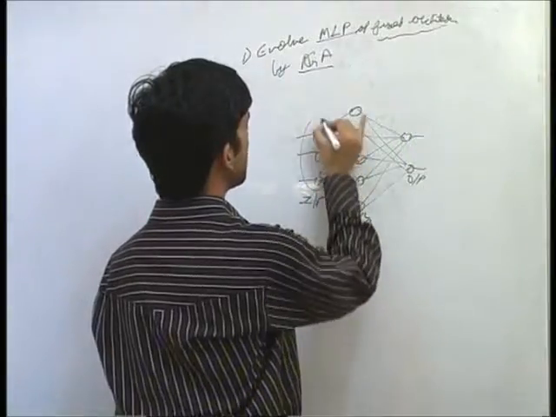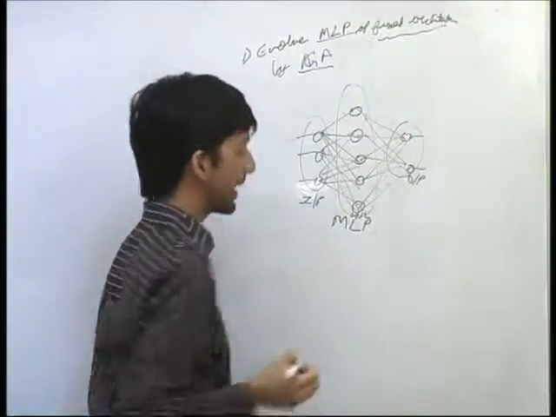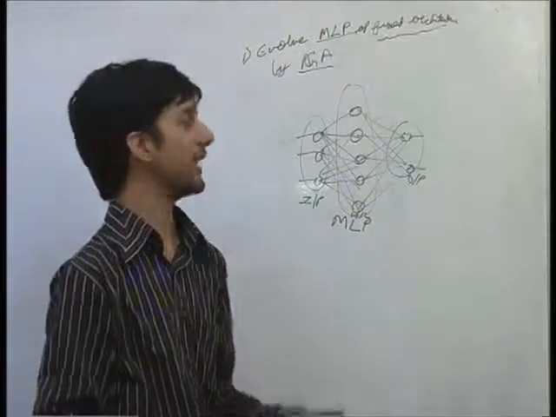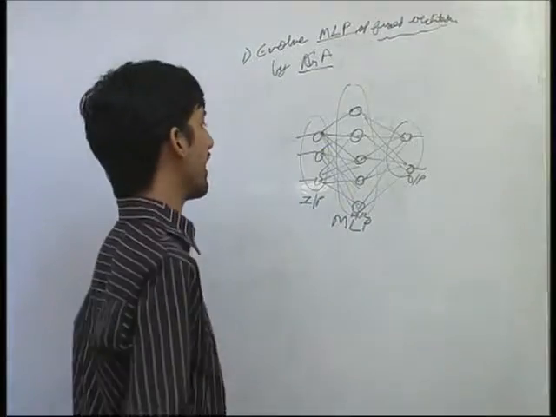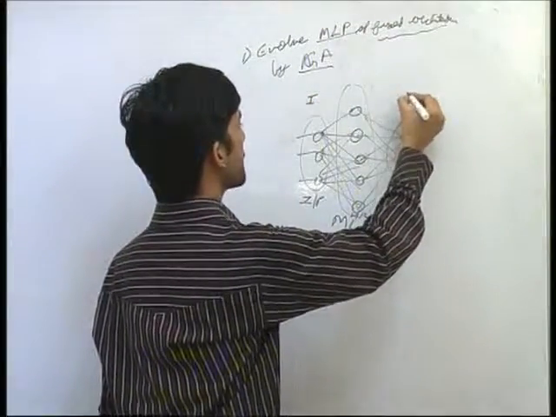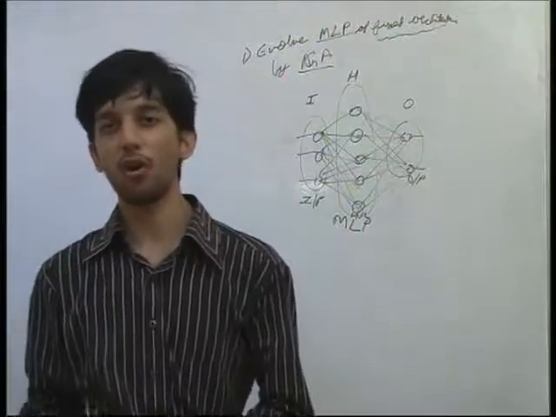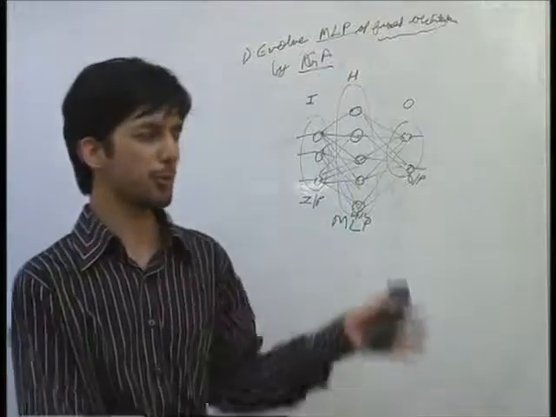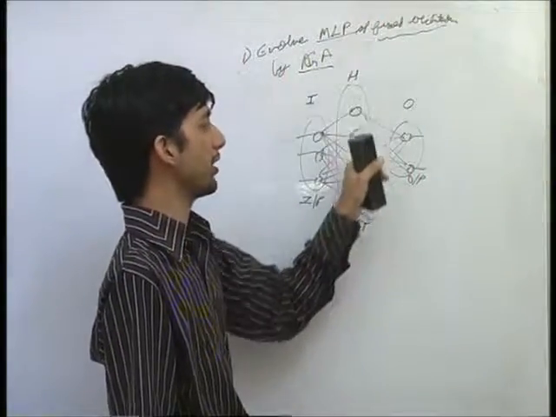I know exactly the number of inputs over here, exactly the number of outputs over here, and exactly the number of neurons over here. So all these three are known to me. Let the number of inputs be I, the number of outputs be O, and the number of neurons in the hidden layer be H. All these are given to me, and most probably we'll assume an all connections approach where every neuron is connected to all the other neurons.